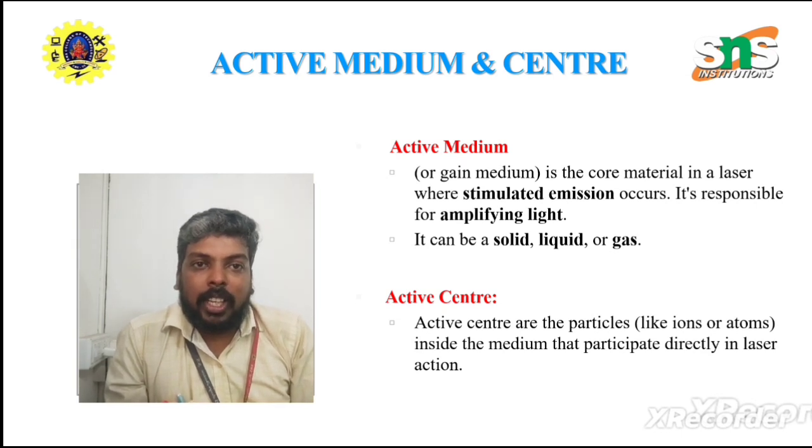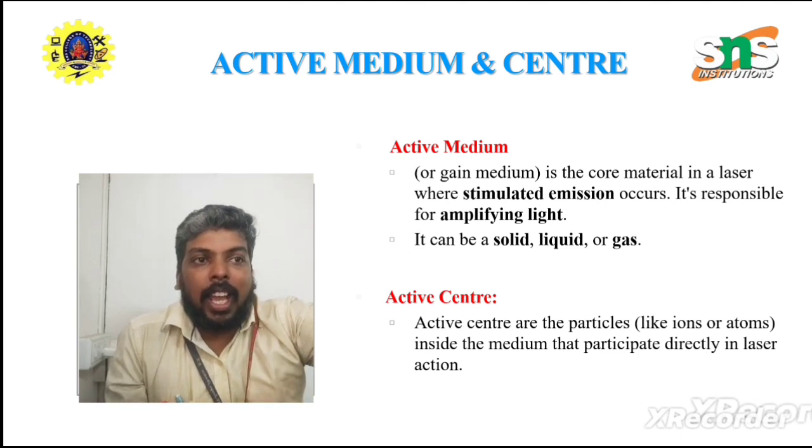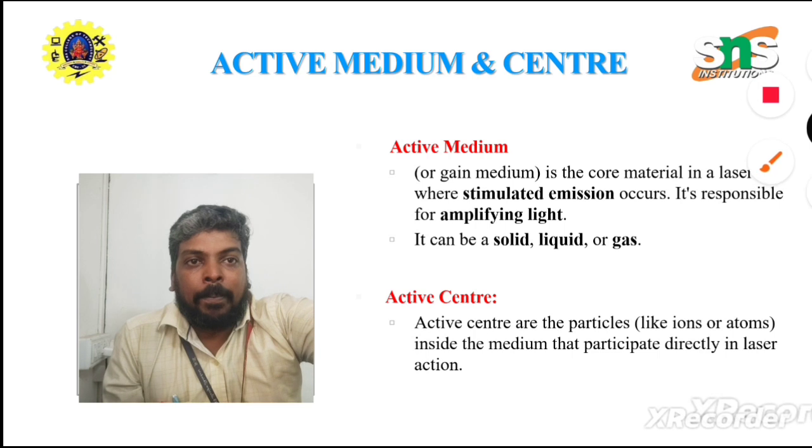The carbon dioxide laser is a molecular gas laser, a combination of carbon dioxide, nitrogen, helium and hydrogen. Among these gas molecules, only the carbon dioxide produces the laser emission, so it is called the active center. That is the main difference between the active medium and the active centers.